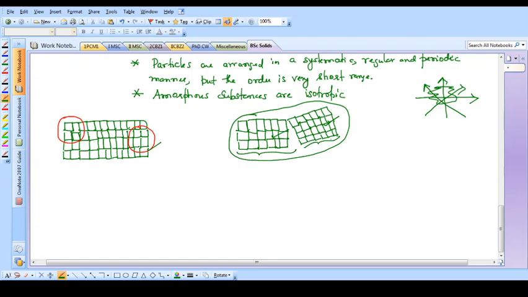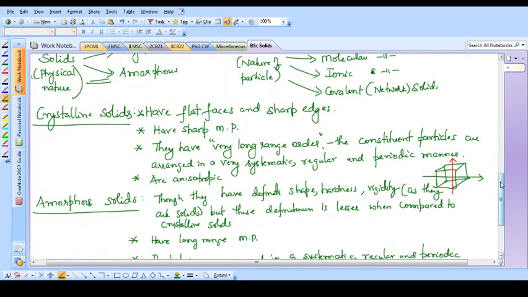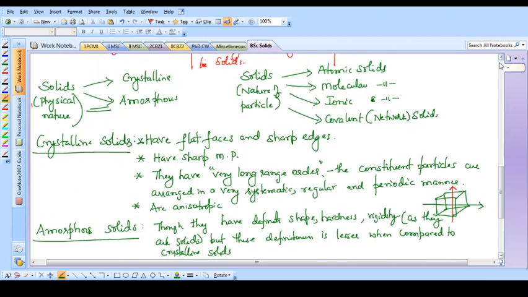But to end this class, let us quickly but very shortly focus on another type of classification of solids depending on the nature of particle. Now, what the solid is made up of, depending on that we can have an elemental solid or an atomic solid, molecular solid, ionic solid, or covalent solids, also called network solids.